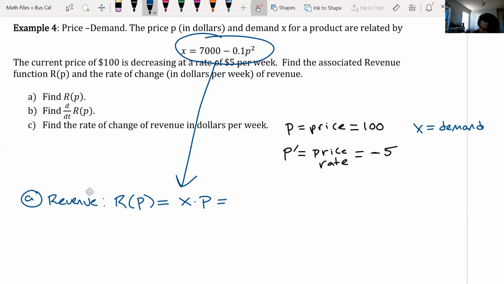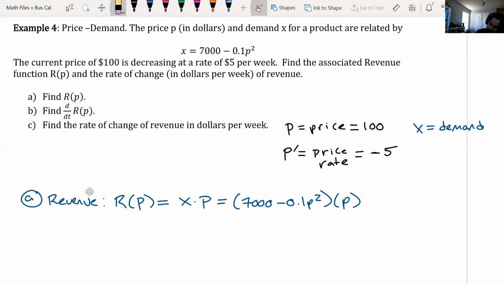So this will become 7,000 minus 0.1 P squared times P. Go ahead and distribute that P, and you'll get 7,000 P minus 0.1 P cubed. And here is our revenue function.